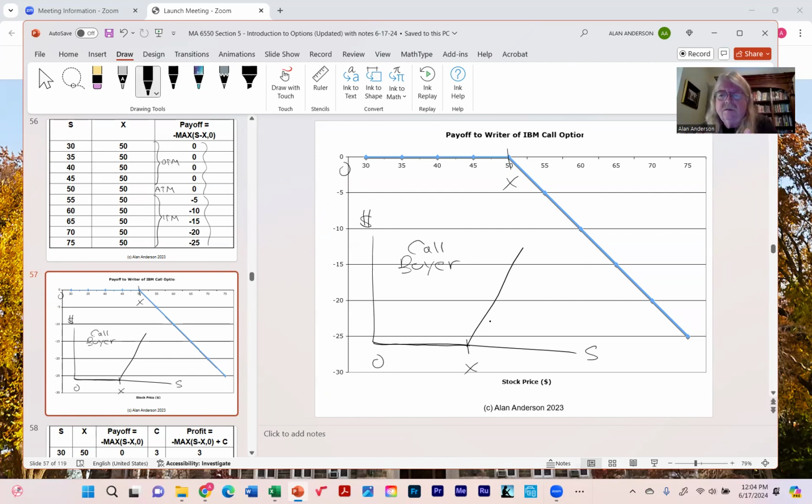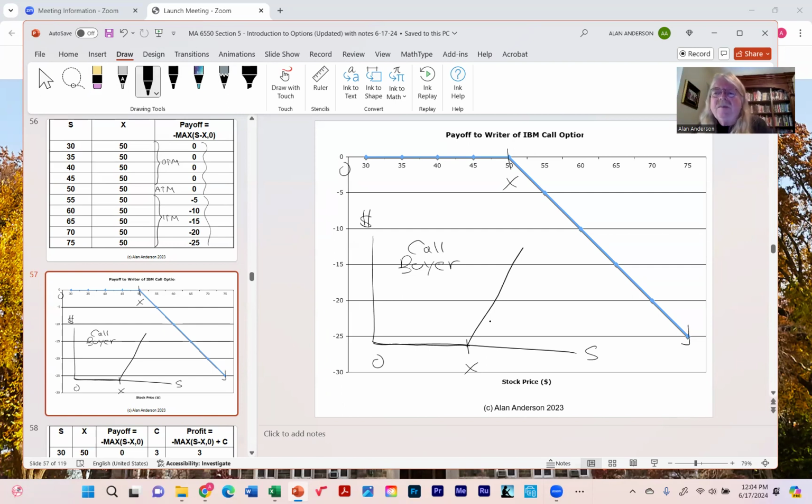Okay, so in other words, when the option is out of the money, the payoff is zero to both sides. Once we get into positive territory, when S gets above X, the payoff keeps going up for the buyer and down for the seller. And you can see now, this arrow can go down forever.